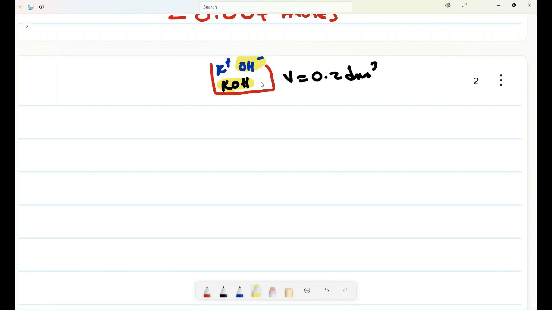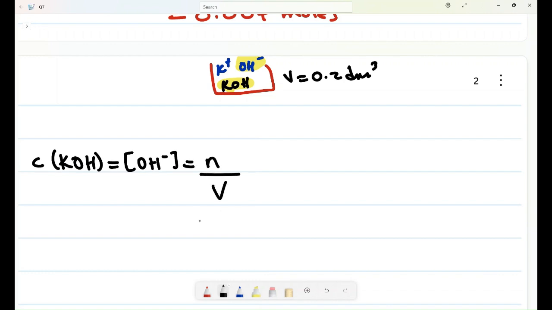So let me find the concentration of KOH, which is equal to the concentration of OH minus. C is equal to n divided by V, right?